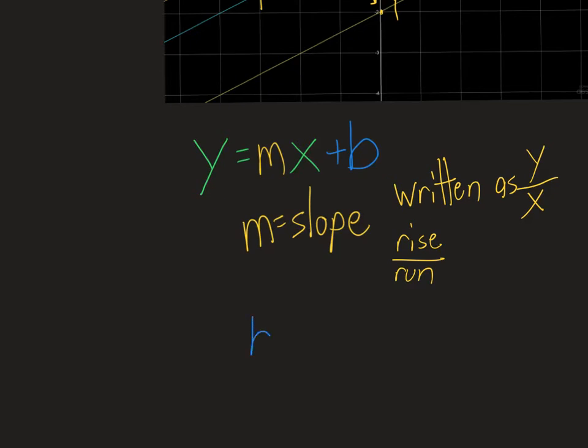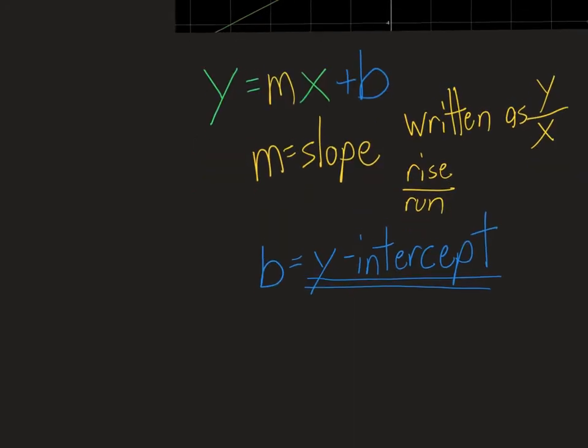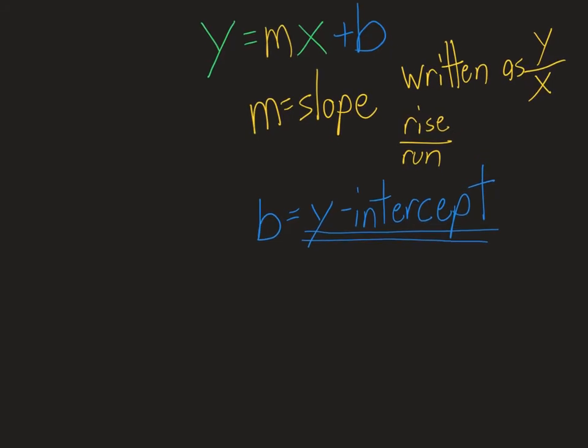Okay, the b is called our y-intercept, which is actually a term we need to define right now. The intercept is where any line, or any graph, crosses that axis. The y-intercept is just where your graph, we're not going to say line because it'll be true for every unit of functions we do.